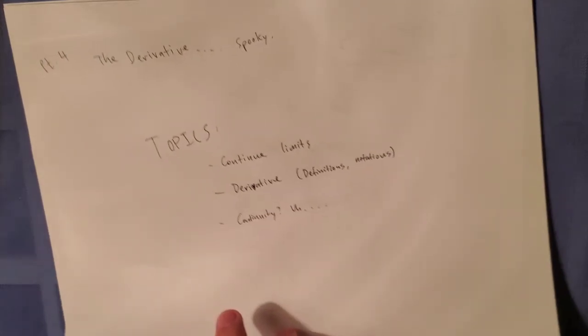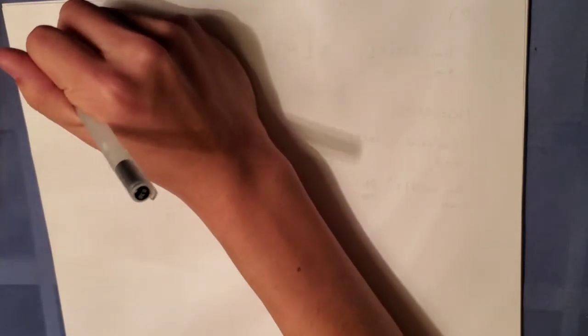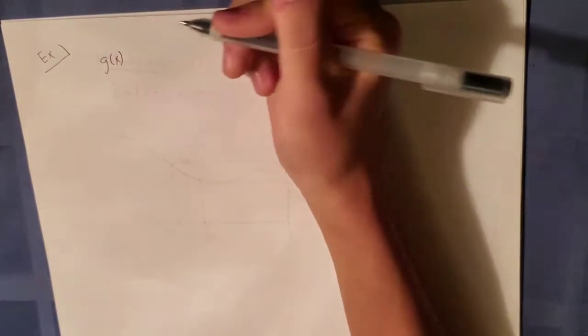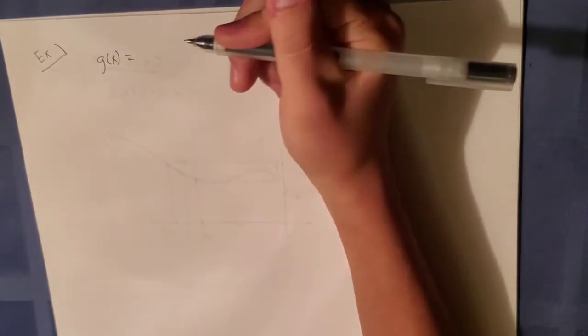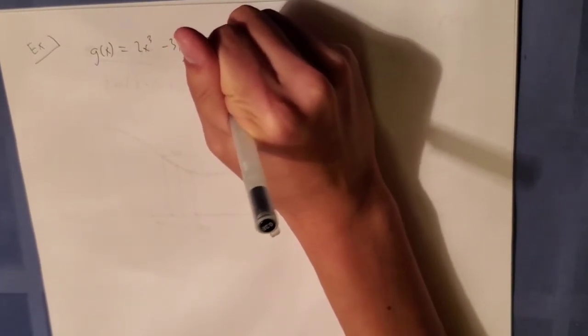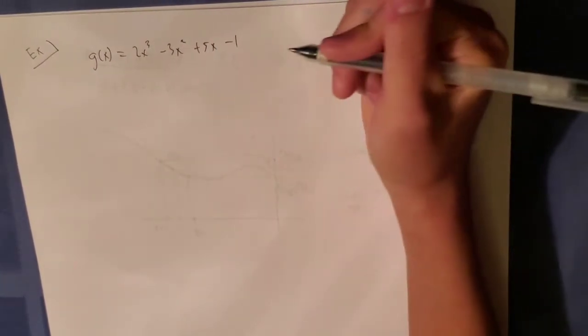So from Part 3 at the end, we were doing some pretty cool slope things. Pretty cool, no? But let's try that again with a more complicated function. Say we have a function g of x equals 2x cubed minus 3x squared plus 5x minus 1.